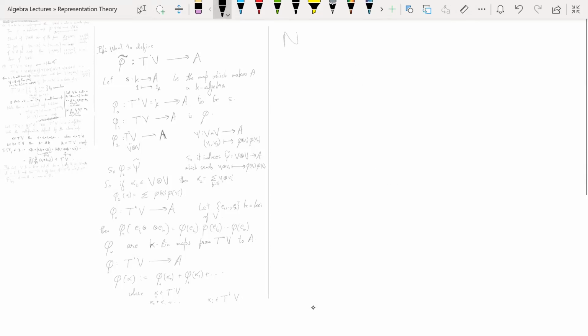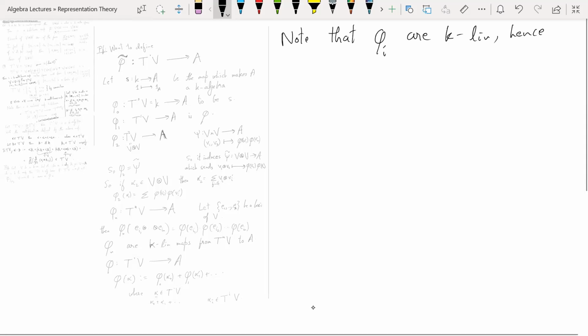Note that the phi's are K-linear, hence phi behaves well with addition.